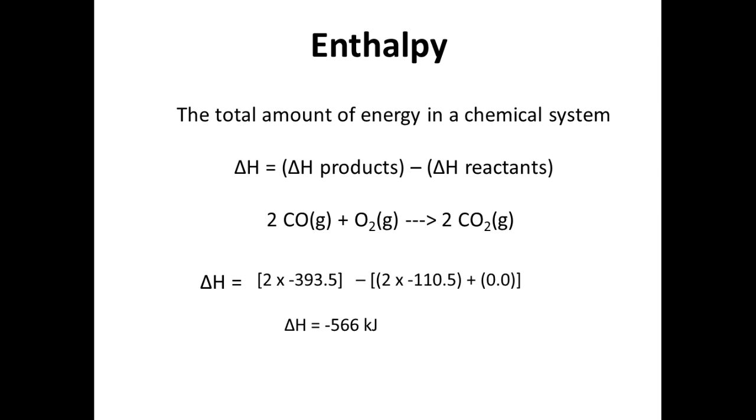So we calculate that out and we end up with negative 566 kilojoules. Kilojoules is our unit that we are using for heat of formation. As we discussed earlier, it is a way to measure energy, any type of energy, but in this case, we're talking about heat.